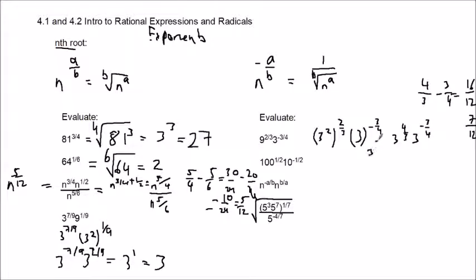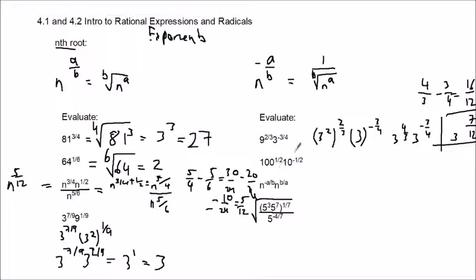So the answer is 3 to the 7 over 12, or the 12th root of 3 to the 7th power. There we go. 100 to the 1/2, 10 to the negative 1/2. This is the same ordeal.